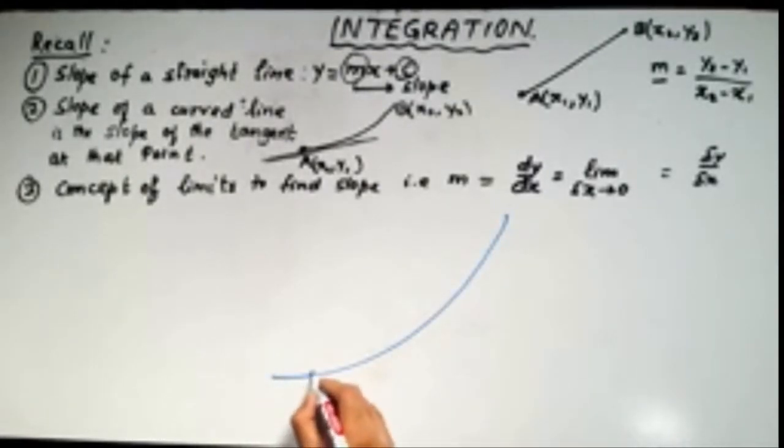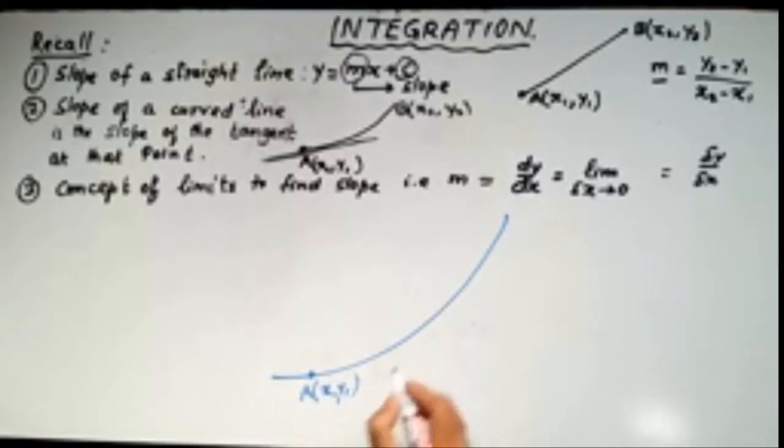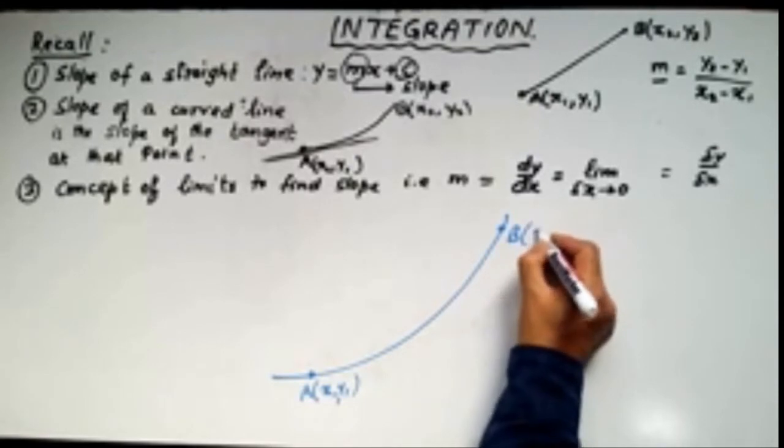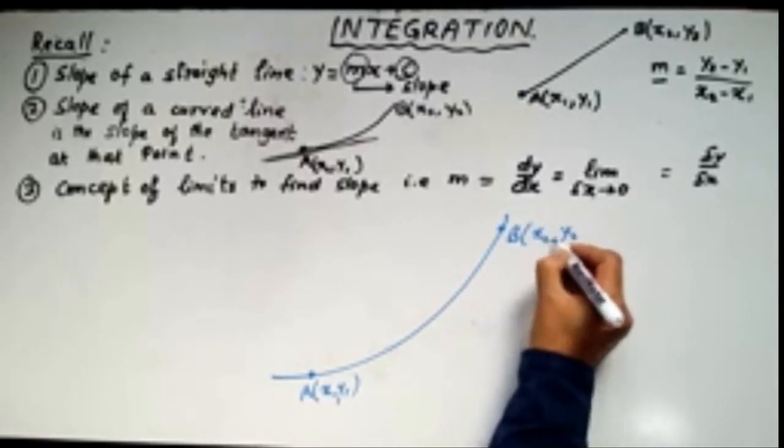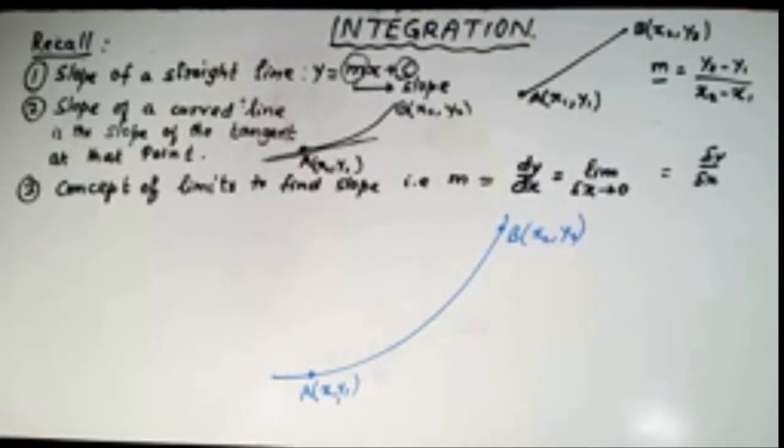So if we have a point A, x1 and y1, let's say, and a point B, x2 and y2, say. If we were to find out the slope of a curve at any point A, how will we do it? Suppose we draw a tangent at the point A. We define the slope of a curve at any point as the slope of the tangent at that point.